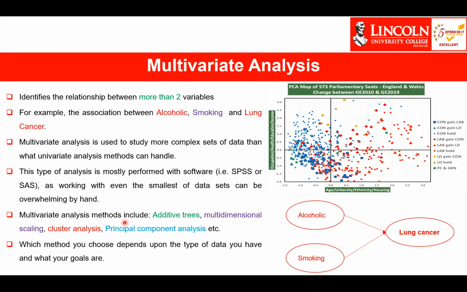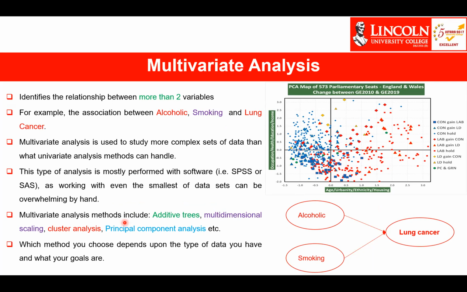We also have multivariate analysis, which identifies the relationship between more than two variables. For example, we want to investigate the association between alcohol, smoking, and lung cancer. Multivariate analysis is used to study more complex sets of data than univariate analysis methods can handle.